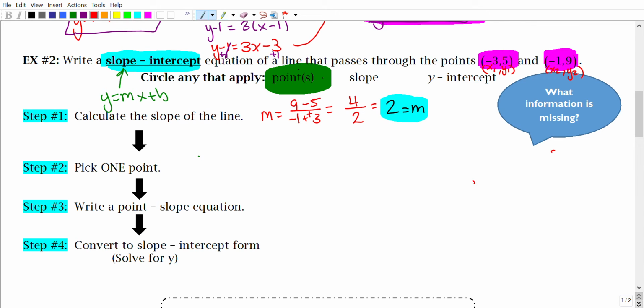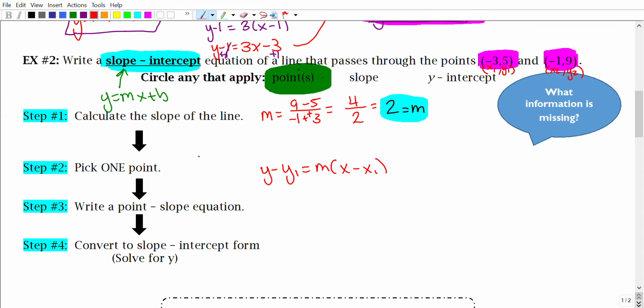Okay, next thing it says pick one point, then write the point slope equation. So we need to write something in this form, which is y minus y1 equals m times x minus x1. So let's pick a point.